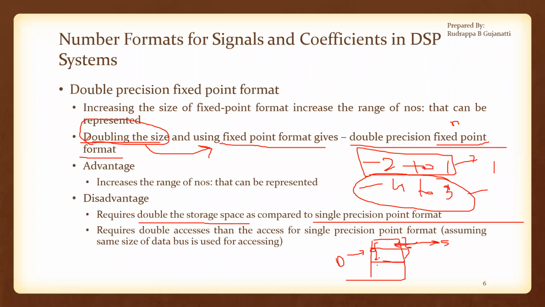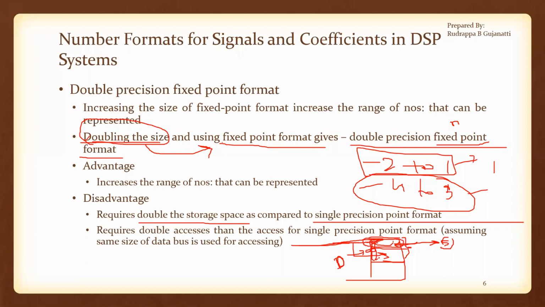So here you are increasing the size, but at the same time, if I want to access a number in single precision, which is in only one location, I have to access only one memory location. But if the same data bus is there, and I want to access data represented in double precision format, in our case I have to access this location twice.